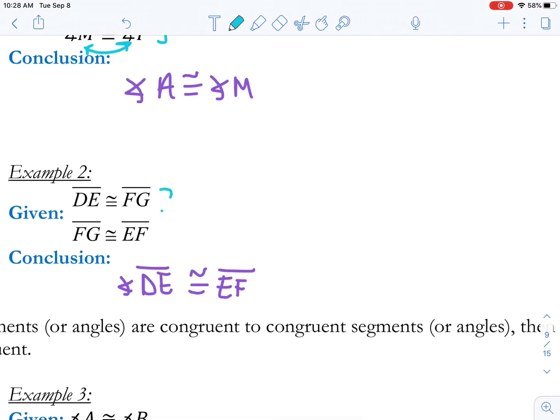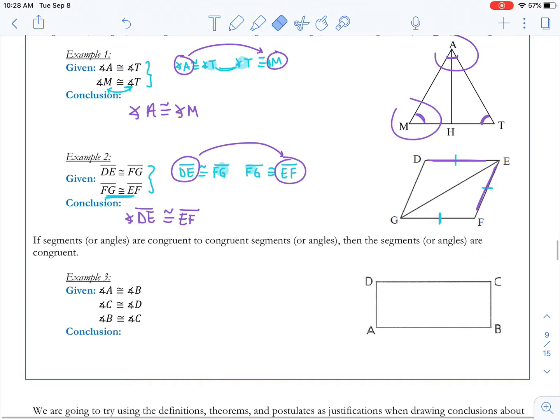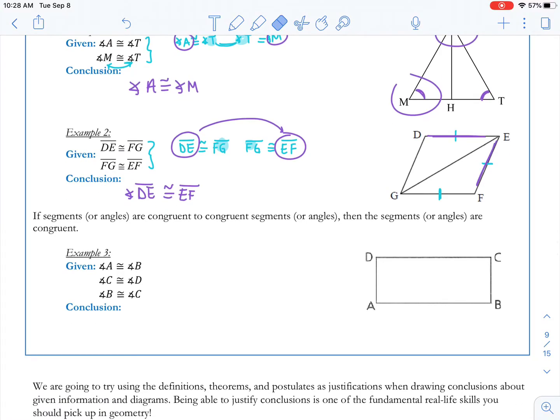Again, we can see it written out like a train here. If we say DE is congruent to FG, and then say that same segment FG right here is congruent to EF. So if these two match, then the conclusion using the transitive is that the first is congruent to the last. It's this train of congruencies, the transitive property.